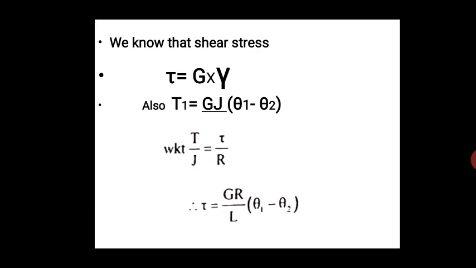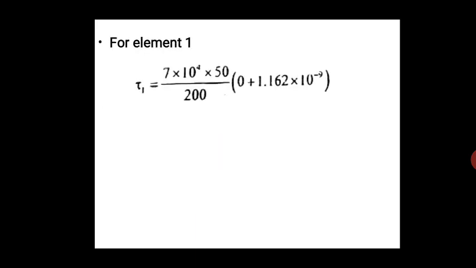Now let us consider the first element, for which we have tau 1. G1 is equal to 7 into 10 raised 4, into 50. That is the radius, since the first one has a diameter of 100 mm, we will consider the radius as 50 mm and the length as 200 mm.